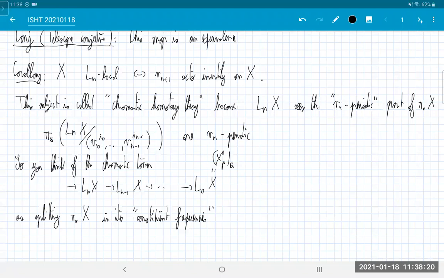So that's sort of the goal of chromatic homotopy theory. You take the constituent frequencies of your spectrum, and then you try to put them together, and that, as I said last time, is called transchromatic homotopy theory.